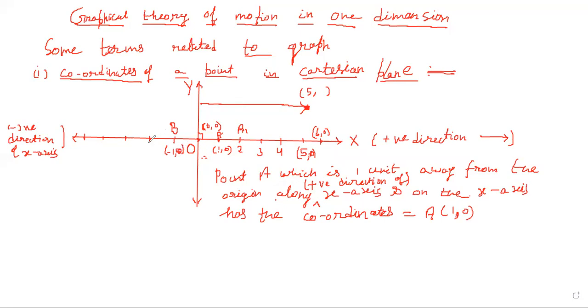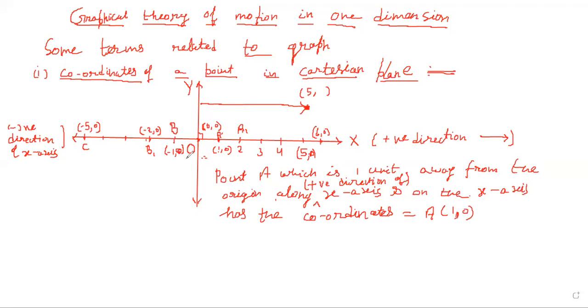If we denote another point by B1, for the sake of convenience, I am writing this B1 below the x-axis. No problem in writing this. And its coordinates will be (-2, 0). And if we mark this point as C, count 1, 2, 3, 4, 5. So its coordinates will be (-5, 0).